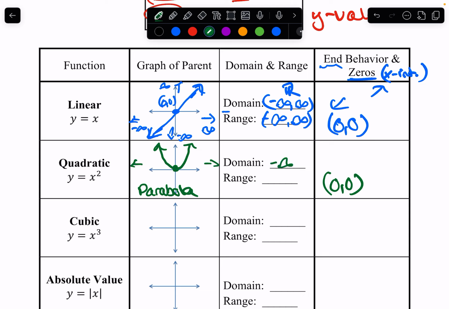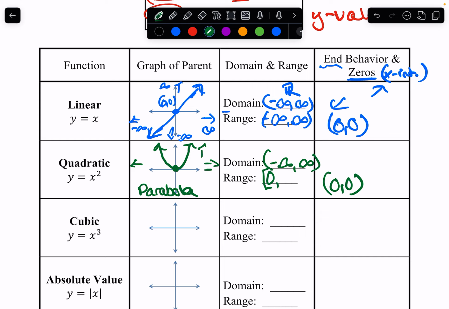So our domain is negative infinity to infinity. Our range, though, doesn't go to the negative numbers. It stops at 0, but goes all the way up. So 0 is where the range starts, and we are going to put it in a bracket because 0 is included in it.